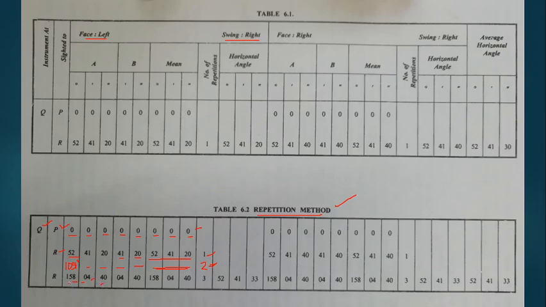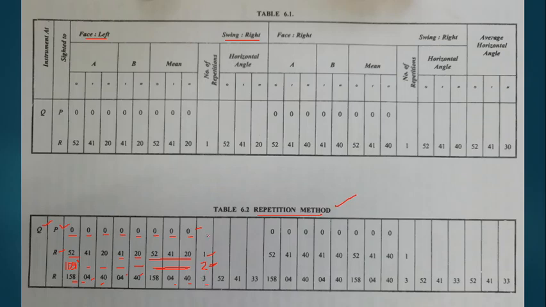When you add these two, finally 158 degrees, 4 minutes and 40 seconds is my angle for the third repetition at vernier A. Similarly, at vernier B, only the coincidence has to be taken, that is 4 minutes and 40 seconds, but the minutes of the main scale reading at vernier A should be added. So the minutes of the main scale, for instance, is 0, that means nothing to be added here. And finally, the average of these two is 158 degrees, 4 minutes and 40 seconds. This is my third time angle.